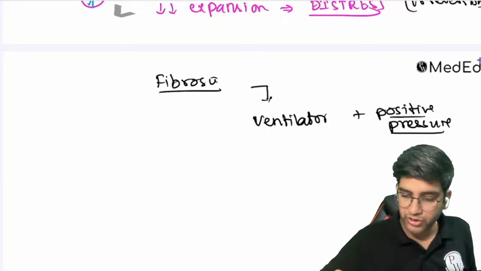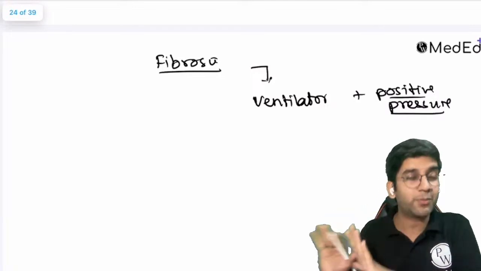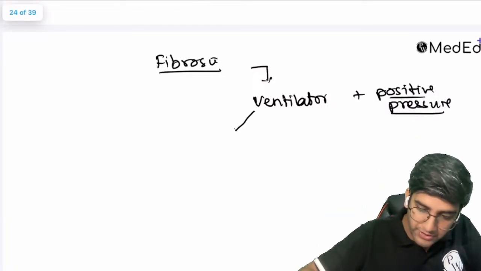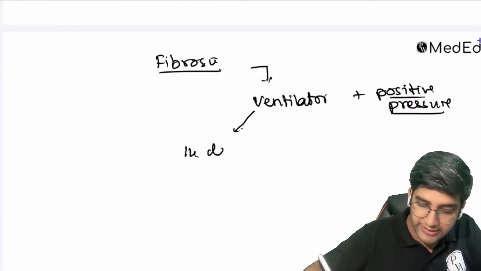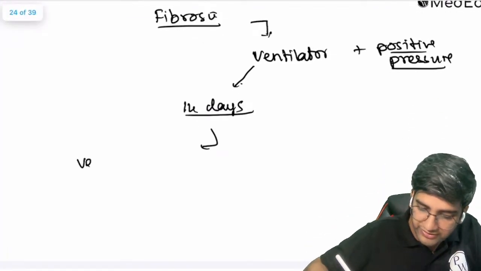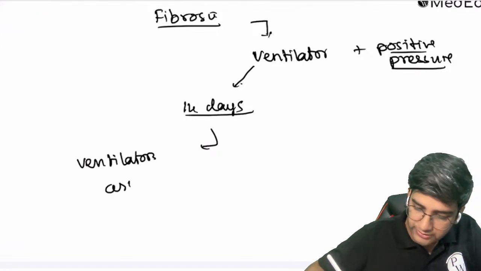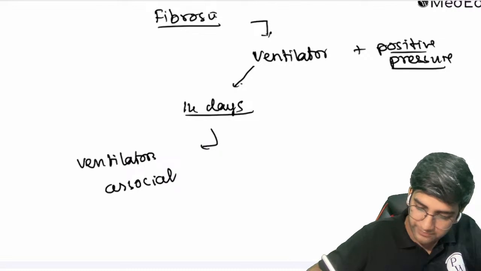You must have heard about positive pressure ventilation or high flow oxygen. The problem with ventilator is if you put the patient on ventilator for 14 days continuously, this will result in ventilator associated pneumonia.